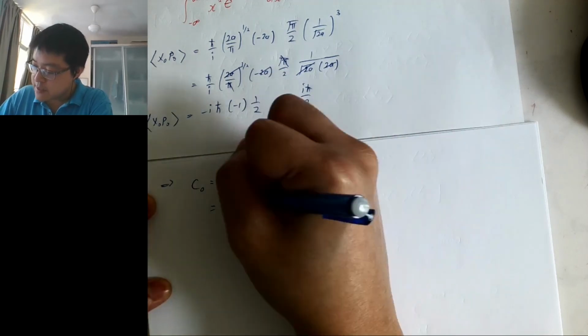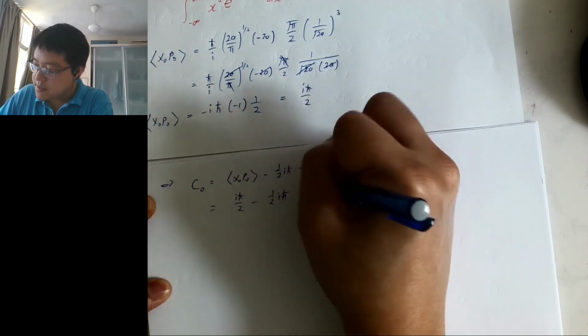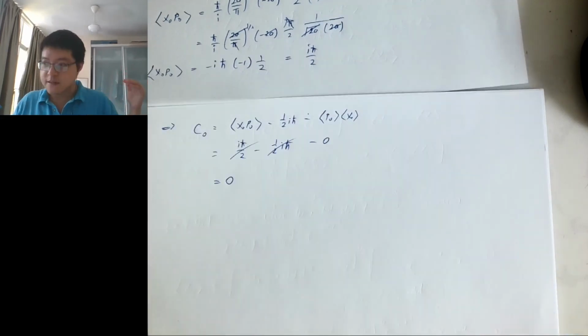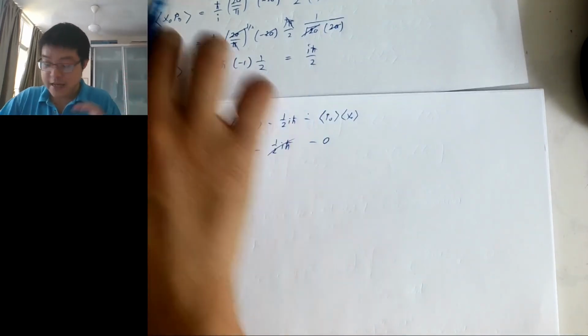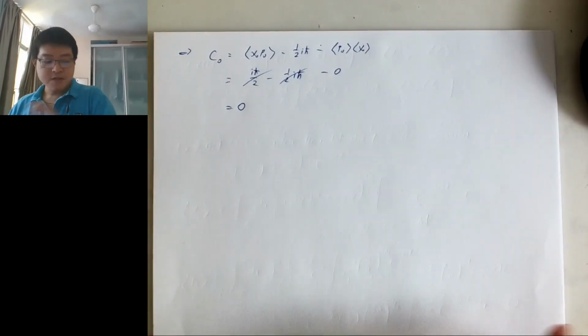But we have found this is i h bar over 2 minus half i h bar. And this is just 0 times 0. So actually it cancels to 0. So the answer is just 0. At the end of the day, suddenly everything becomes 0. So we're done with that.